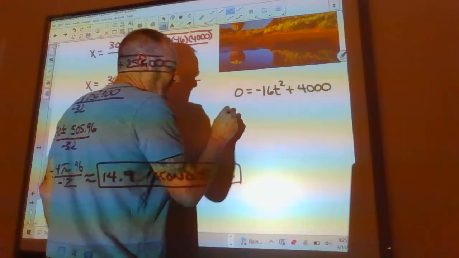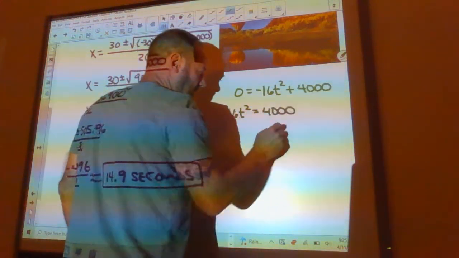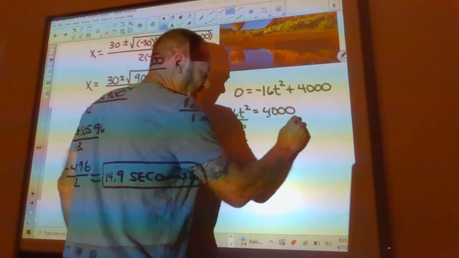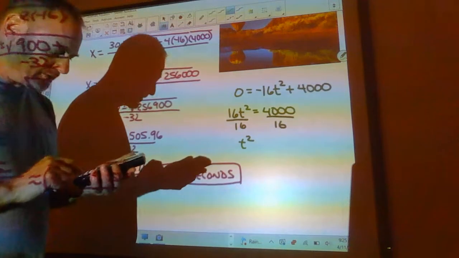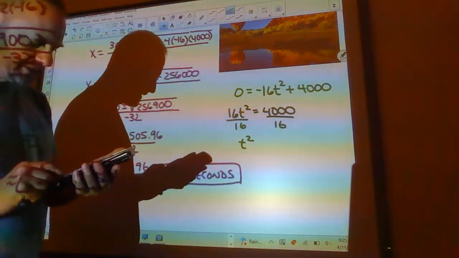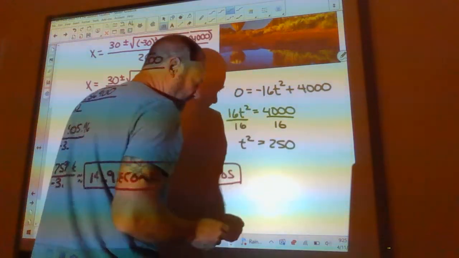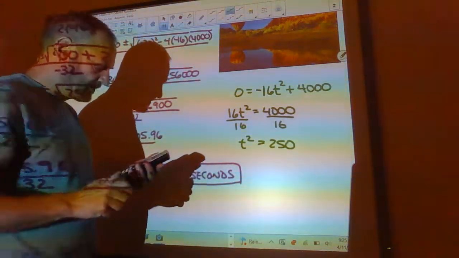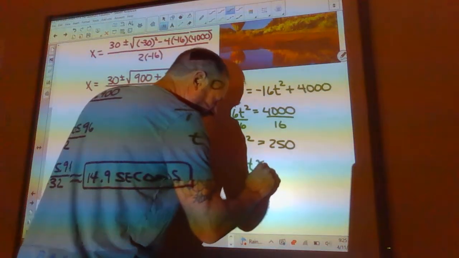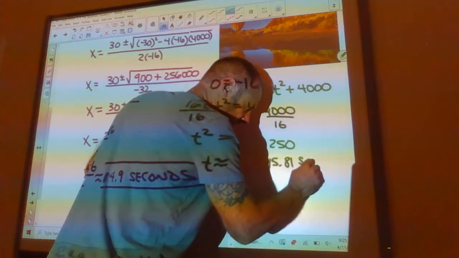So we'll add the 16 t squared to both sides, and we'll divide by 16. So 4,000 divided by 16 comes out to be 250. And then we'll square root that. That comes out to be 15.81 seconds.